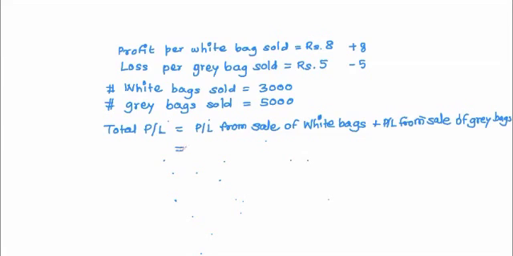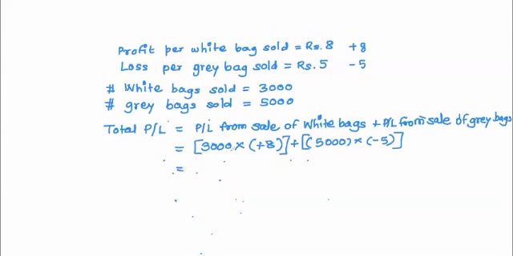So what is profit or loss from white bags? That is total number of bags, which is 3,000, multiplied by the per bag profit, which is plus 8. Plus for gray bags, total number of bags is 5,000 multiplied by minus 5. Let's use big brackets around it for ease of understanding.